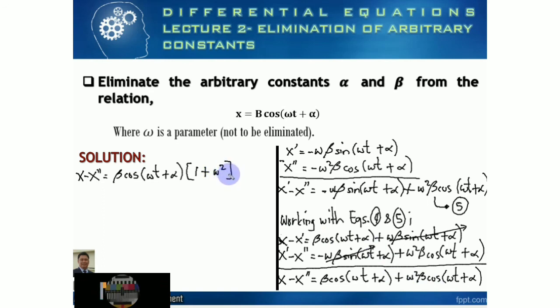So we have moved out this quantity, but we have to take note that this beta cosine of omega t plus alpha is just equal to x.